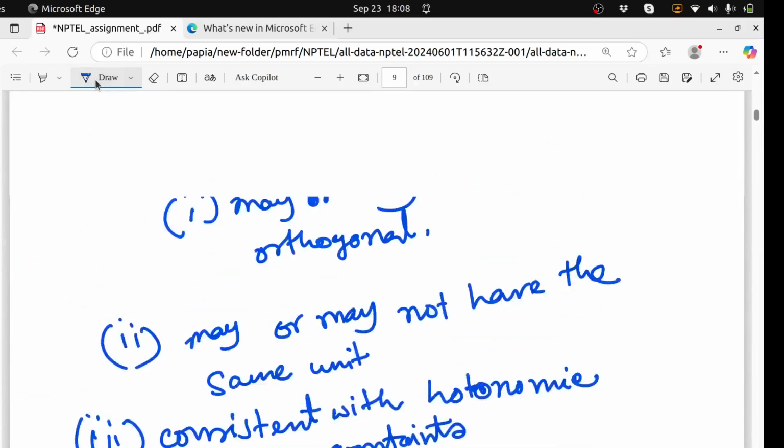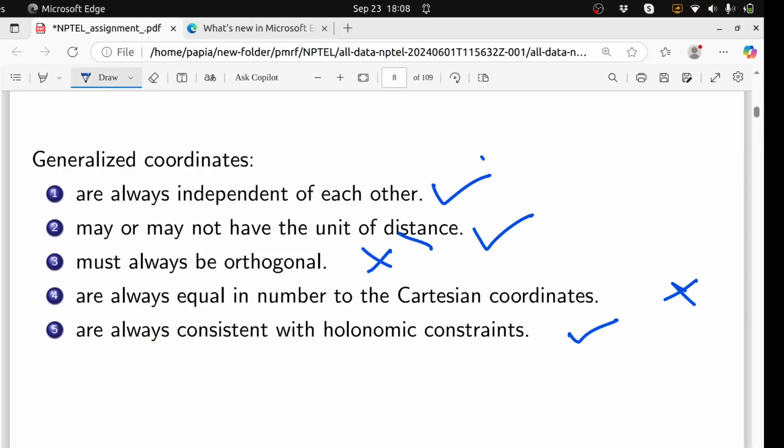So from this I can see that option 1 is correct, 2 is correct, and 5 is correct. Okay, fine.